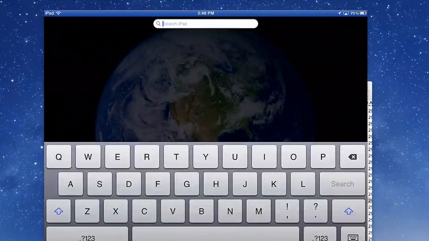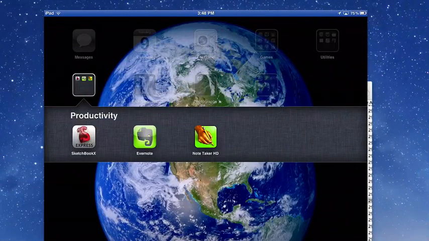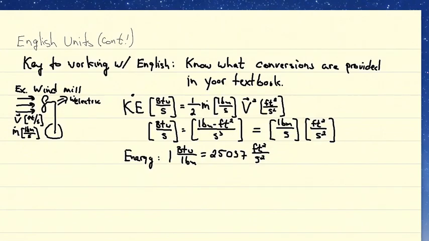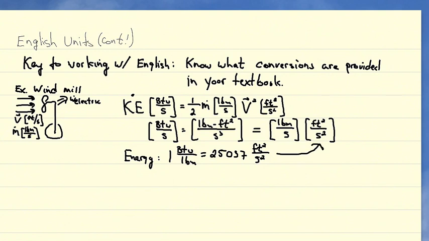Okay, how slick, oh no, not so slick. Okay, there we go. See what happens when I get cocky. So I just wrote that down: 1 BTU per pound mass is equal to 25,037 feet squared per second squared. Now I can substitute that back into my expression above. So what I get is the following.